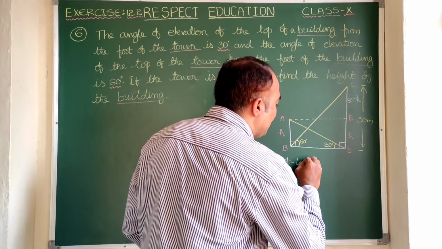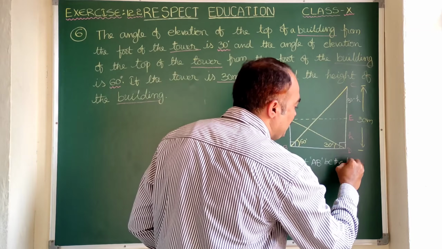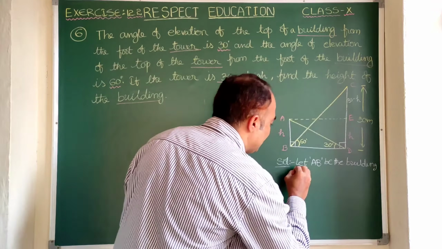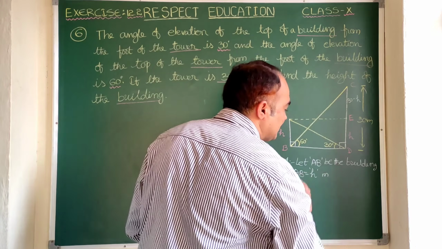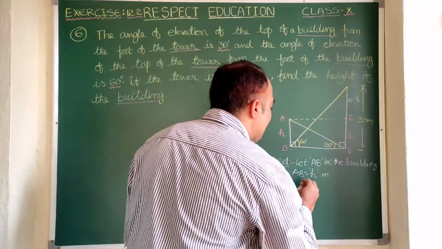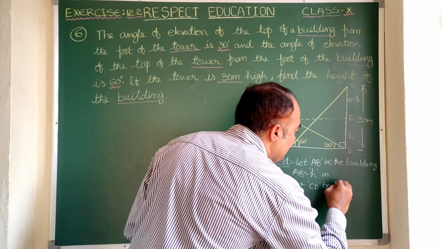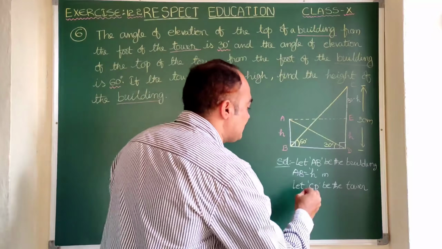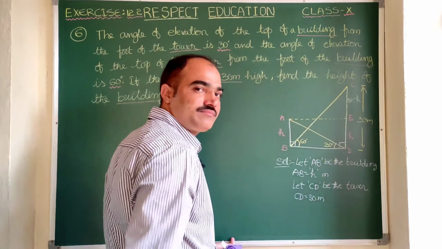Let AB be the building, meaning the height of the building, so let us consider AB as h meters. Let CD be the tower, whose height is given as 30 meters. So CD is equal to 30 meters.